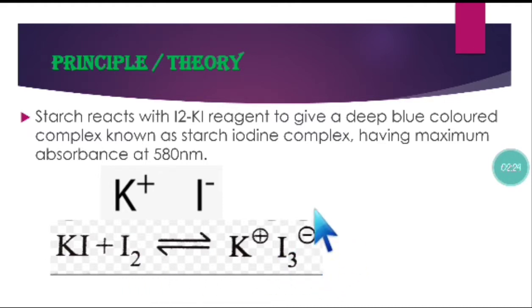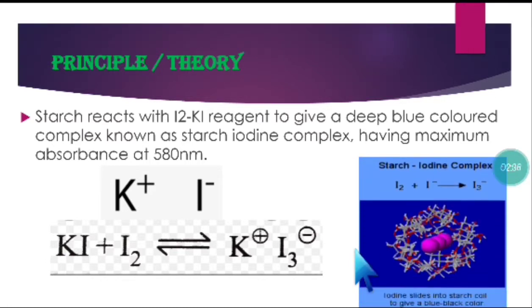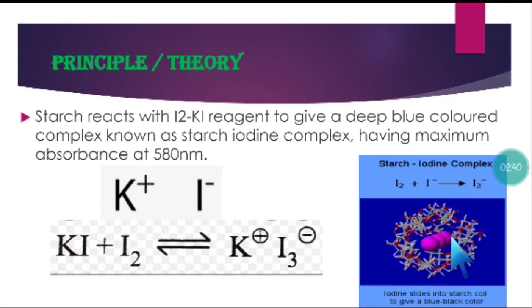As you can see, when this triiodide ion forms, it will then intercalate itself into the coil structure of the amylose. As you can see here in this figure, the pink one is the triiodide ion, and it intercalates itself, or this iodine slides into the starch coil.